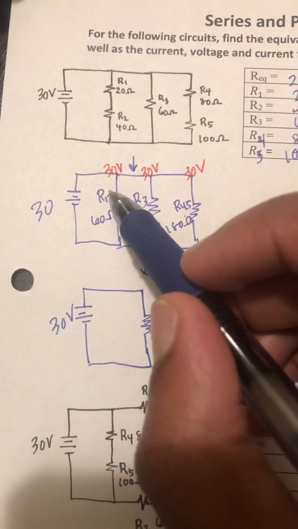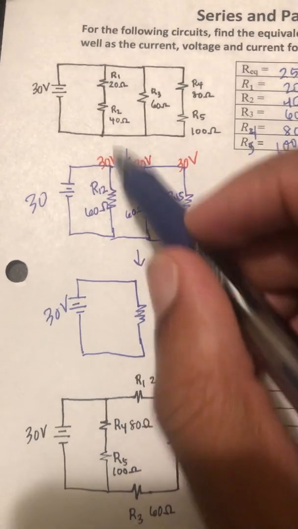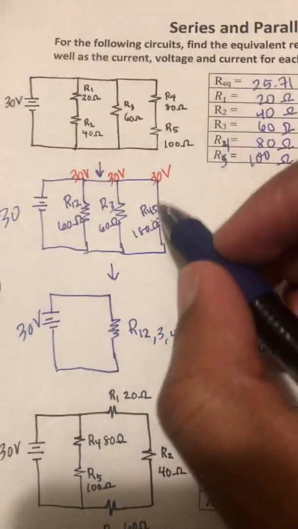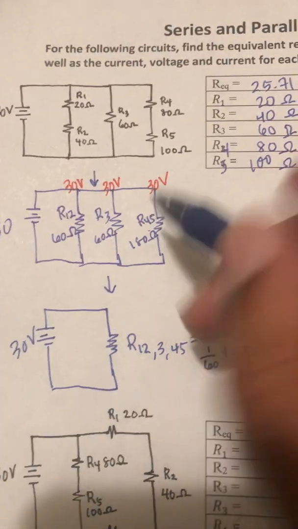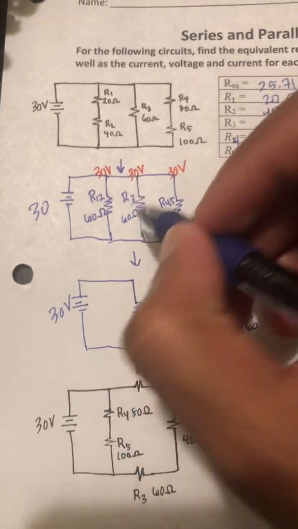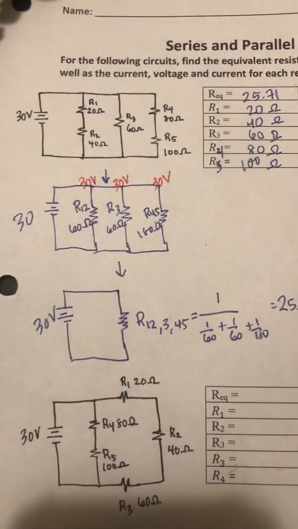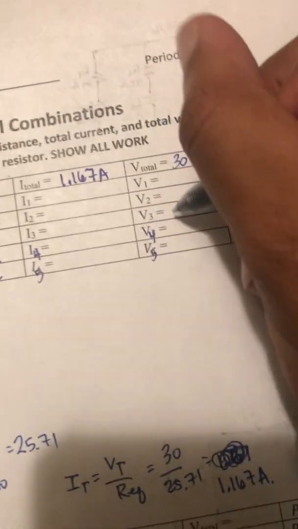So V1, V2 have to add up to give me 30. So it's split. Can't do anything with 1 and 2. 4 and 5 have to add up to 30 volts. So I can't do anything with 4 and 5. But if I look at R3, it's getting all the 30 volts. So that means V3 is 30 because it's not being split up. So let's add 30 volts for V3.